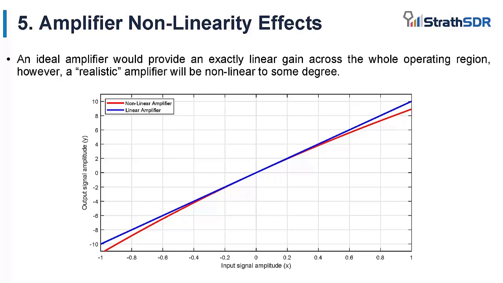With a non-linear amplifier, which is shown here in red, that's not the case. The degree of gain varies according to the input signal amplitude. For values close to zero, the amplifiers behave in a similar way. But as the magnitude of the input signal increases, the non-linear amplifier deviates from the ideal.